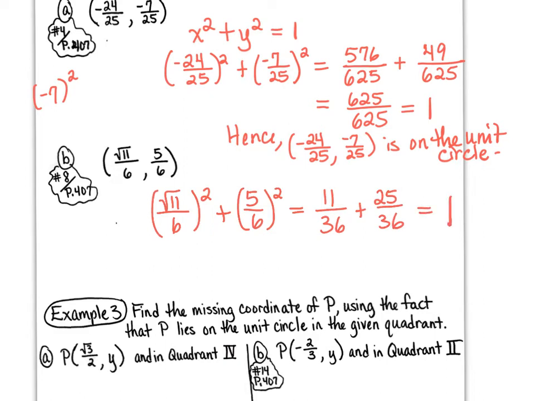So because simplifying x squared plus y squared gave you 1, this given point lies on the unit circle. Hence P of square root of 11 over 6, comma 5 over 6 lies on the unit circle.